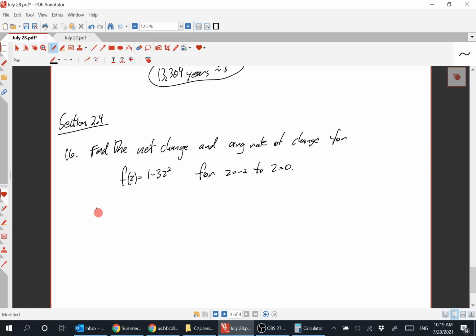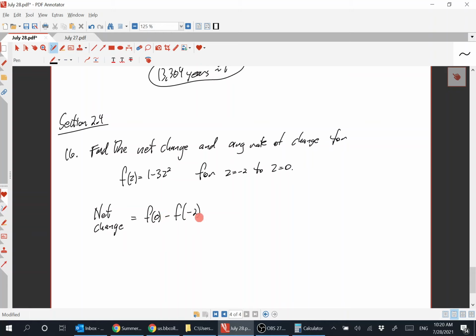So the net change is f of 0 minus f of -2. Always the greater number, f of 0, is subtracted from. You do the greater number f of 0 minus the smaller number f of -2.